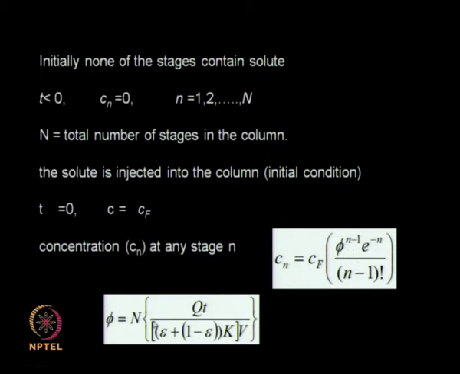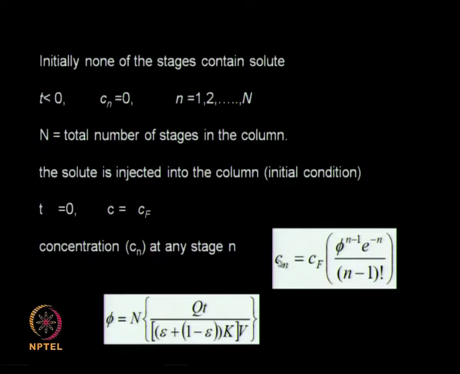where phi is given by this particular term. Q is the flow rate of the mobile phase, V is the overall volume, n is the number of stages, epsilon is your porosity, k is your linear adsorption isotherm term.